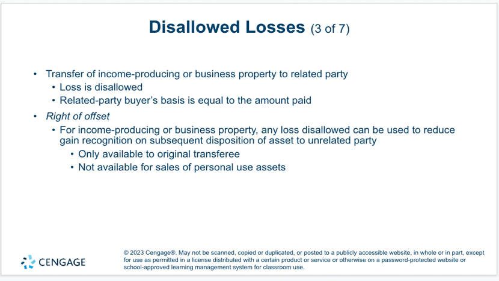So we had that scenario where it was valued at 60, I bought it for 50, but that $10,000 loss was not allowed. But if I later sell it to somebody else for 80, I can reduce the gain by that $10,000 loss that was not recognized originally. It's only available to the original transferee and not available for sale of personal use assets. So not like I bought a car from my mom, but if it was income producing or business property.